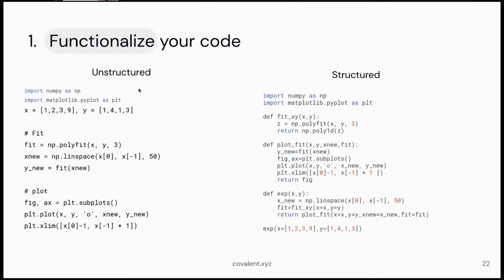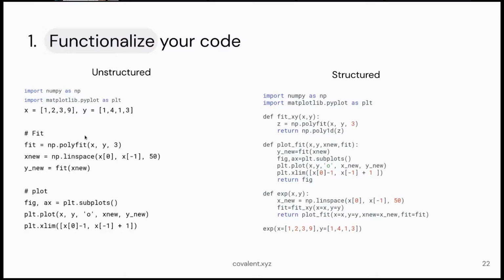So the first step that you're going to do is what you should do for any good code, which is to functionalize it. You might be asking, well, how do I know if it's one function or if it's two functions? And really what it comes down to is isolation of data and isolation of required resources.